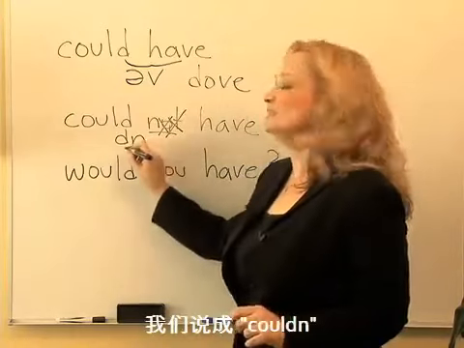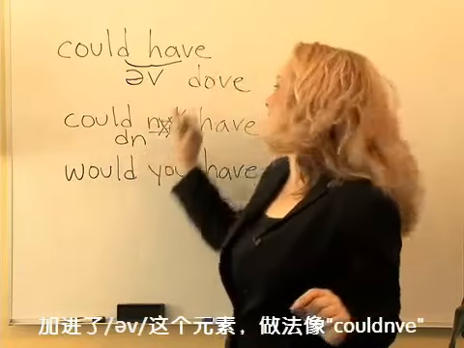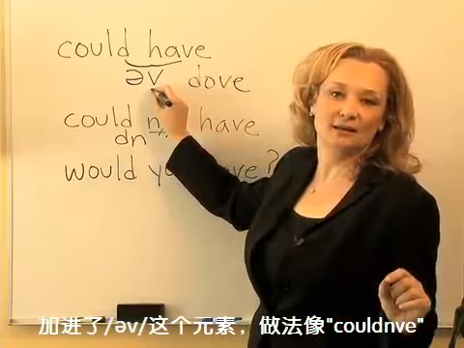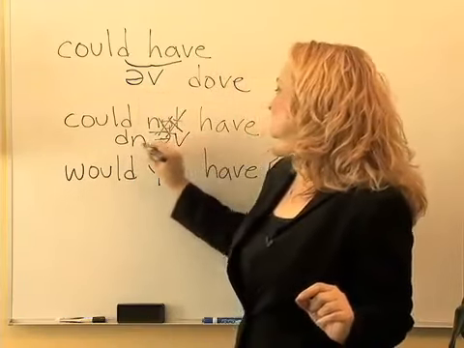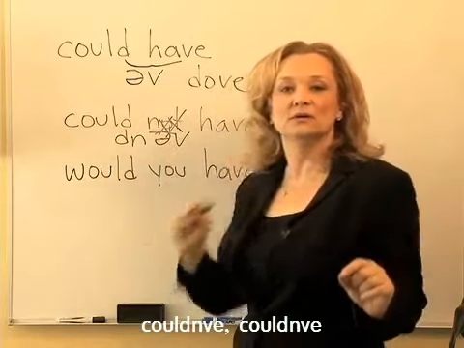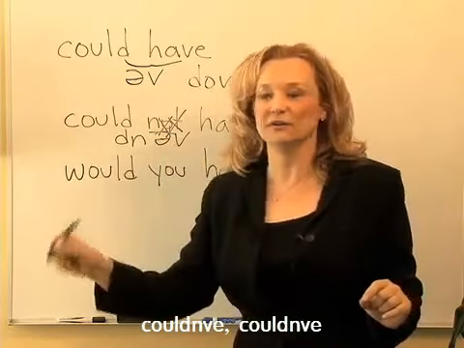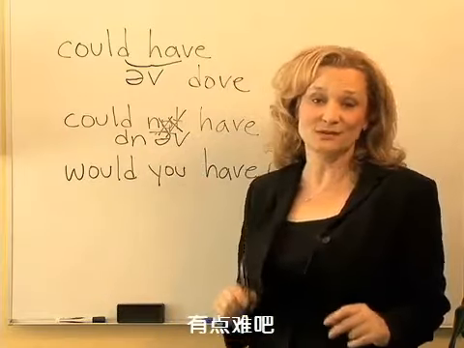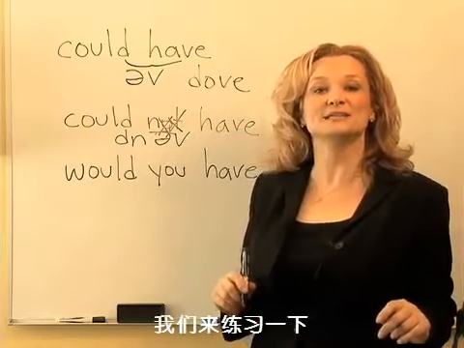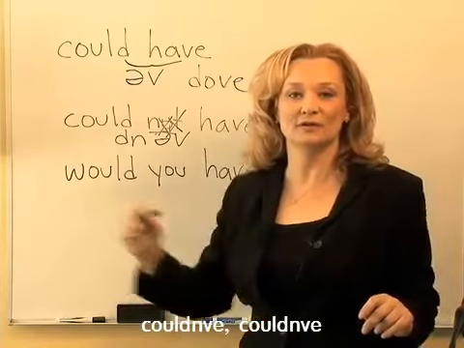Watch this. We say couldn't, and then we add this element. Couldn't have. Don't pronounce the O. Don't pronounce the T. This one is hard, isn't it? Let's practice it again. Couldn't have.